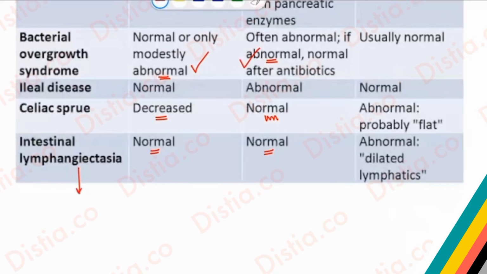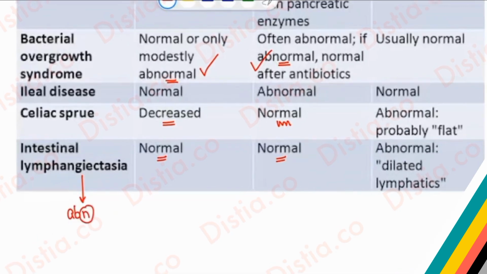You are aware that fat is going to be absorbed from the gut in the form of chylomicrons, and then it is transmitted via the lymphatic system before it travels into the thoracic duct and then goes into the venous circulation. The message is, in lymphangiectasia there is abnormal development, or there is rather no communication. These are abnormal lymphatic channels which are not communicating with ultimately the main thoracic duct.